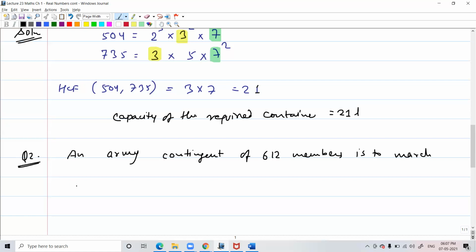So what is the third word problem? For an army contingent, an army contingent of 612 members is to march behind an army band.